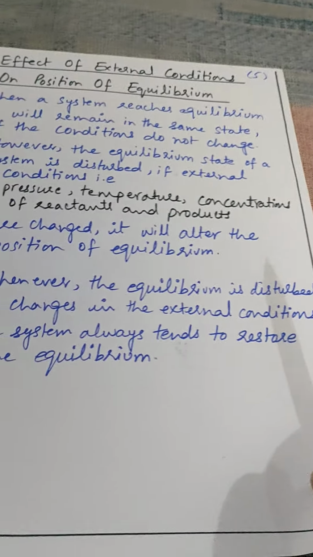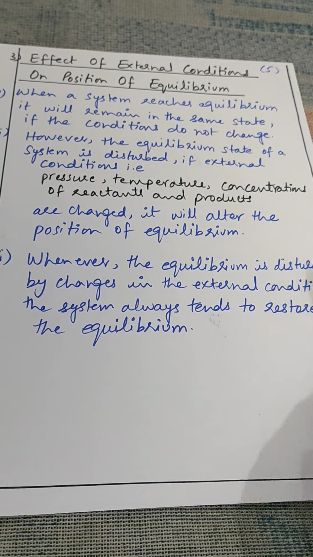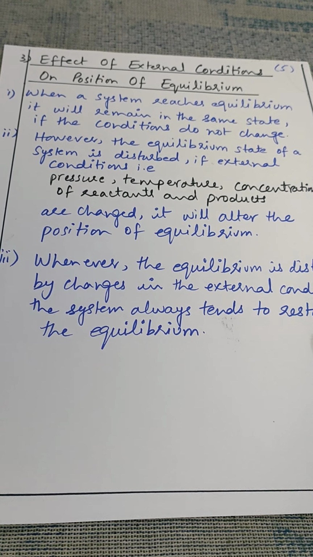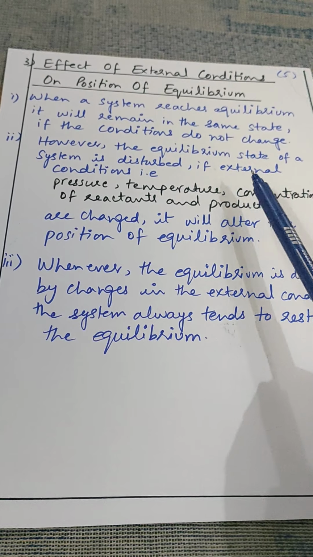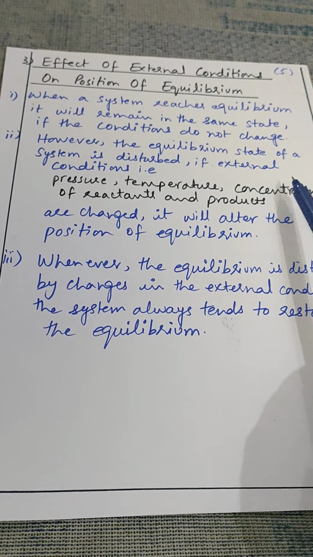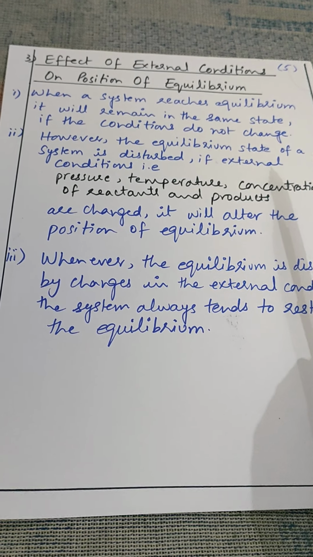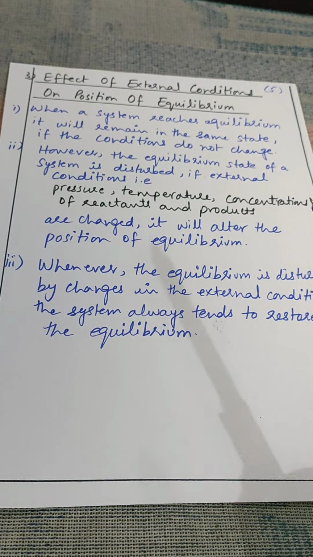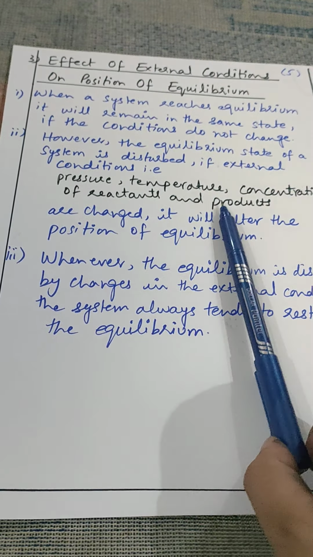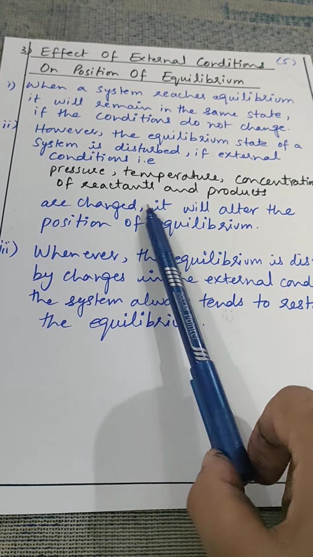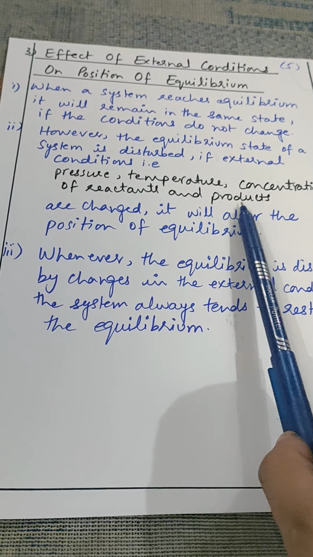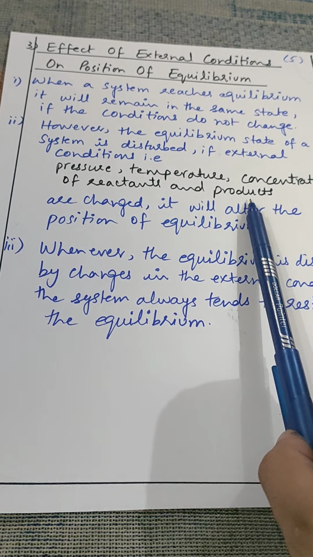Now the last application, or importance, is the effect of the external conditions. When a system reaches equilibrium, it will remain in the same state if the conditions do not change. However, the equilibrium state of a system is disturbed by external conditions. What are the external conditions? The external conditions may be pressure, temperature, concentration of the reactants and products, the volume of the system, or the presence of a catalyst.